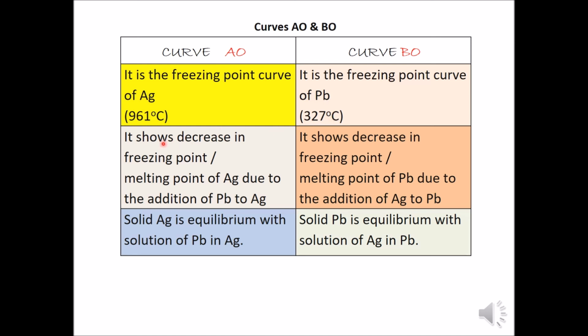AO curve shows decrease in freezing point, melting point of silver due to the addition of lead to silver, and BO curve is showing decrease in melting point of lead due to the addition of silver to lead. On AO curve, solid Ag is in equilibrium with solution of silver in lead, and on BO curve, solid lead is in equilibrium with solution of silver in lead.